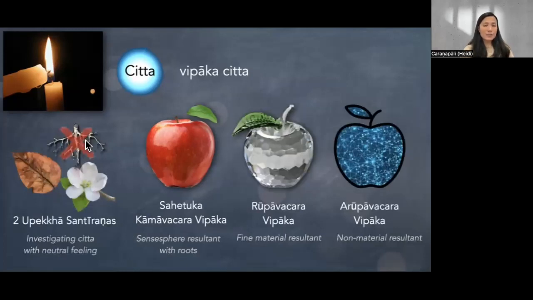Remember, in the rootless consciousness, we have Akusala Vipaka, the unwholesome resultant consciousness, the investigating consciousness, and also in the rootless wholesome resultant consciousness, we also have one investigating consciousness, right? So this investigating consciousness does not only perform the function of investigating, but it can also serve as a relinking consciousness.